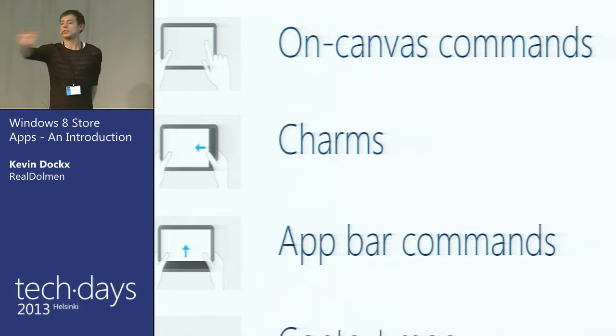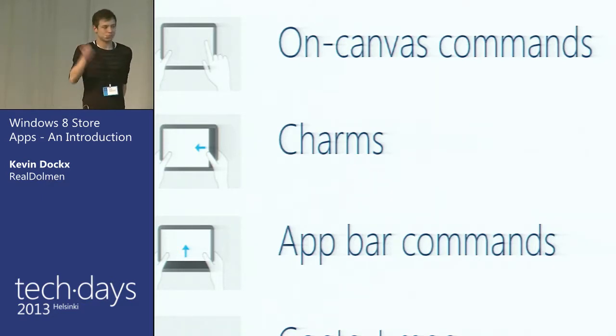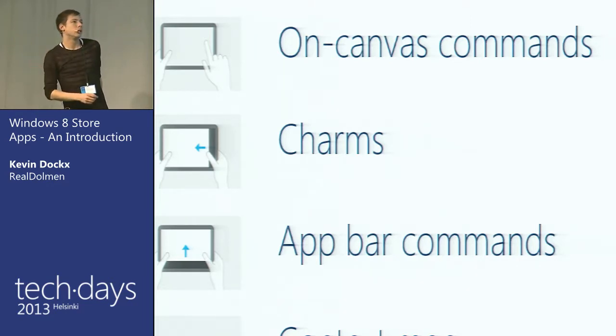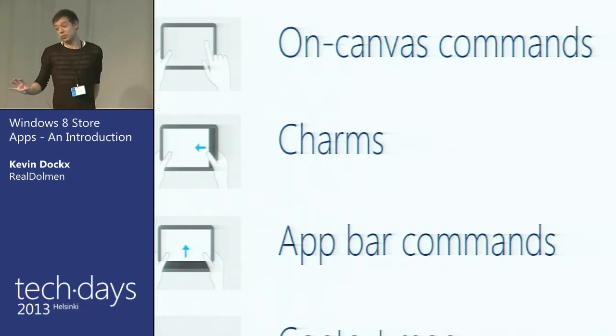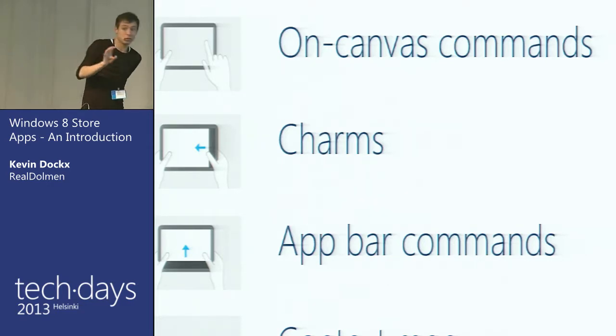imagine a big list of employees, again, textbook example, I guess. Imagine a big list of employees, and you want to be able to delete those, or you want to be able to select those. Well, in a lot of apps, we see little X's on each item. If you want to do that in a Windows Store app, I'd advise you not to.